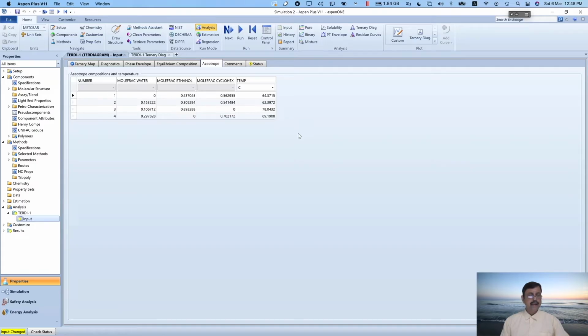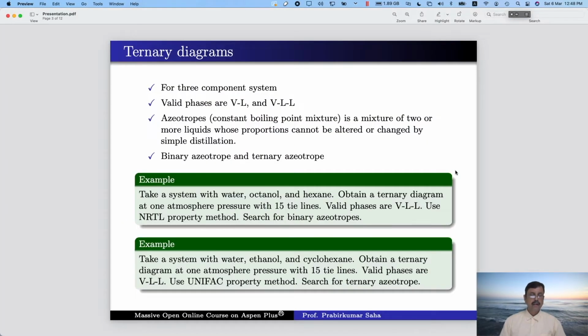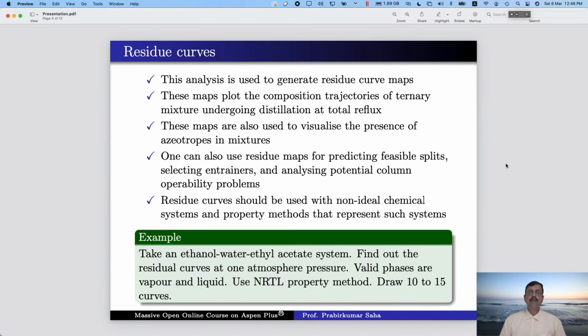Okay, so that's how you can study the ternary diagram and you can map the azeotropes. Whether it is binary or ternary, you can find out the azeotropes. Next, we will learn about the residual curve.